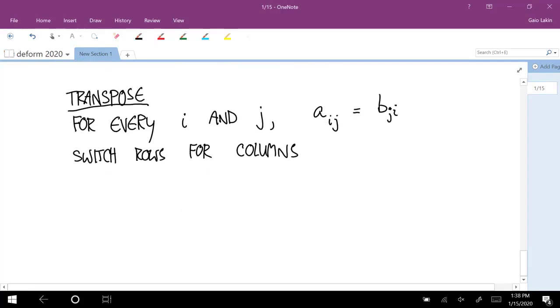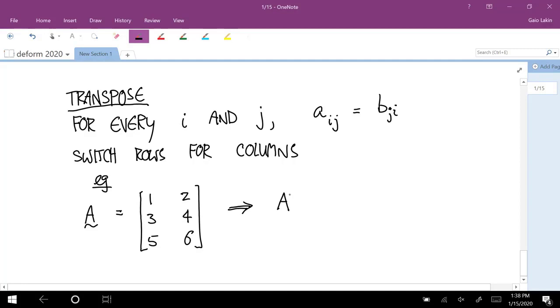Okay, so for example, if you have this matrix A that's 1, 2, 3, 4, 5, 6, then A transpose is: the first row is now the first column. The second row is now the second column. And the third row is now the third column.